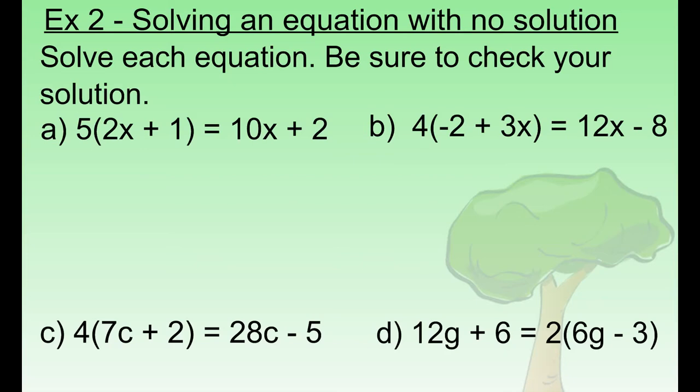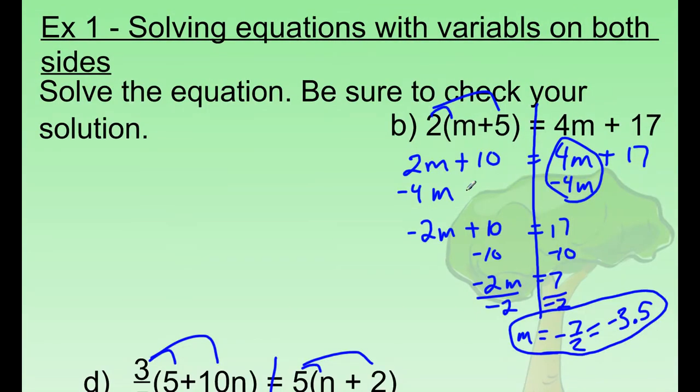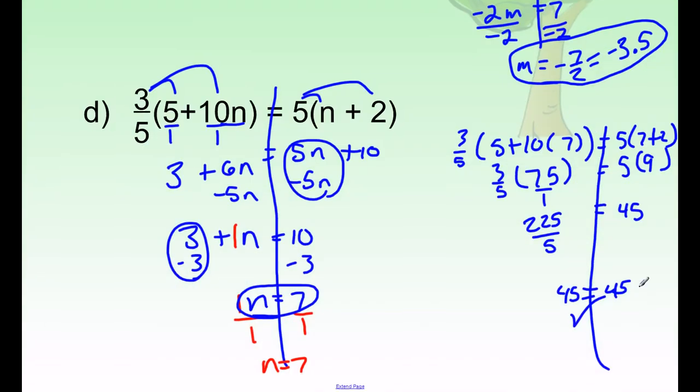whenever you have variables on both sides of the equal sign, there are some funky things that can happen, because there is the possibility that the variables will completely cancel out on both sides and they're gone. And those have special solutions, special answers. So far, every single problem has had one answer.